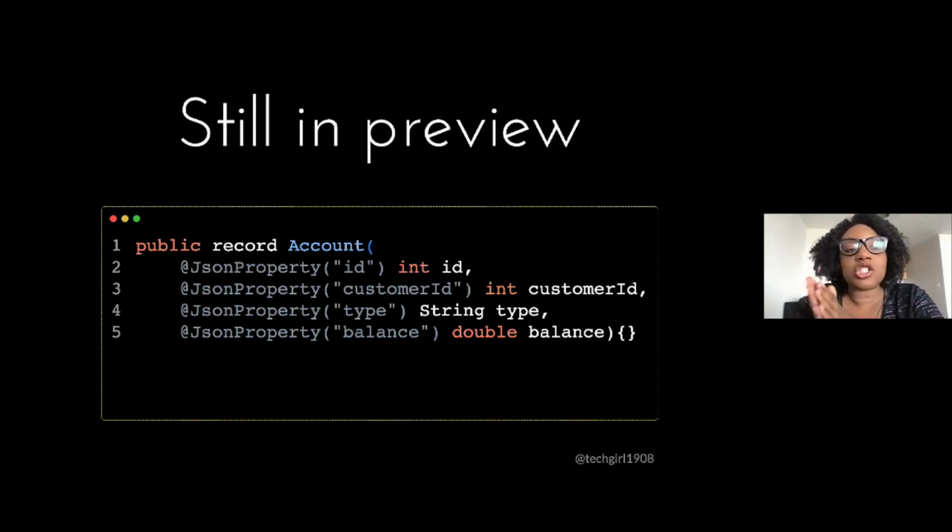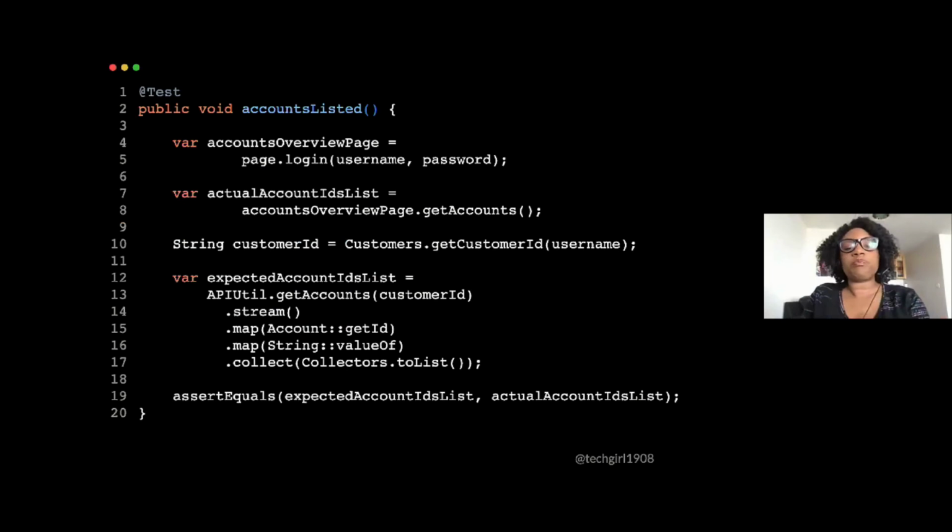However, I saw a tweet maybe a day or two ago from Jackson saying that support was available, but I haven't had a chance to play with that yet. So I'm going to play with that and see if I can get rid of these explicit bindings here. But yeah, some of your external libraries might not be equipped to handle preview features, right?